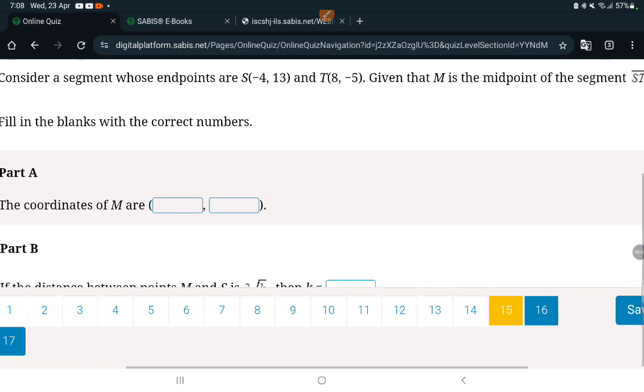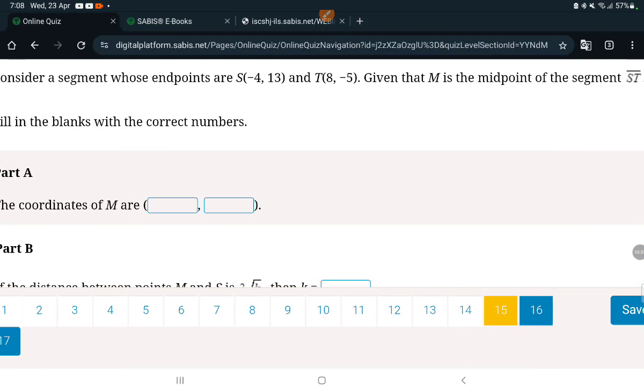Okay, consider a segment whose endpoints are S(-4, 13) and T(8, -5).